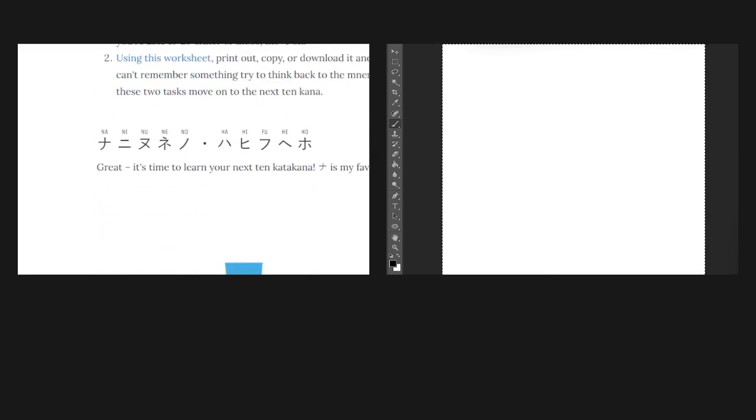Okay, we'll go into the next one. These are our N's. So, na. Na is a nice simple letter. And if we remember what na is in hiragana, it is this.